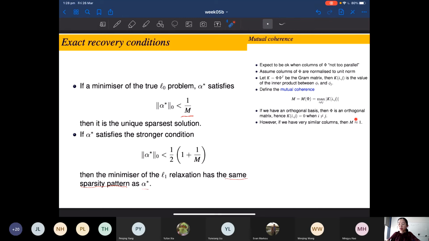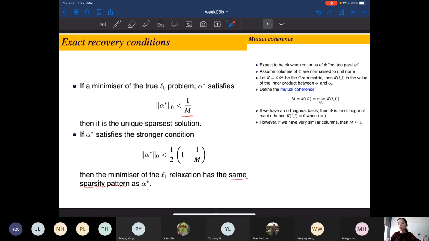And this m is essentially the quantity that goes on the left-hand side, right? So the conditions of exact recovery are related to what kind of basis functions we choose and how similar they are. The more similar the basis functions, the larger the value of m, and the less sparsity we can guarantee.